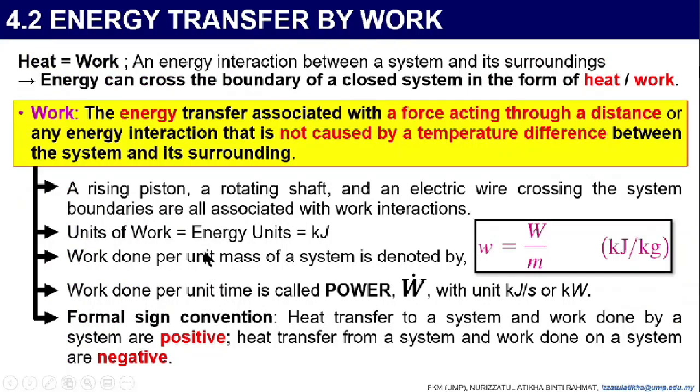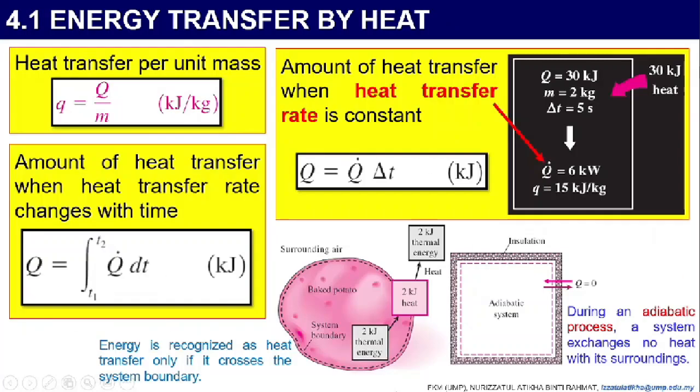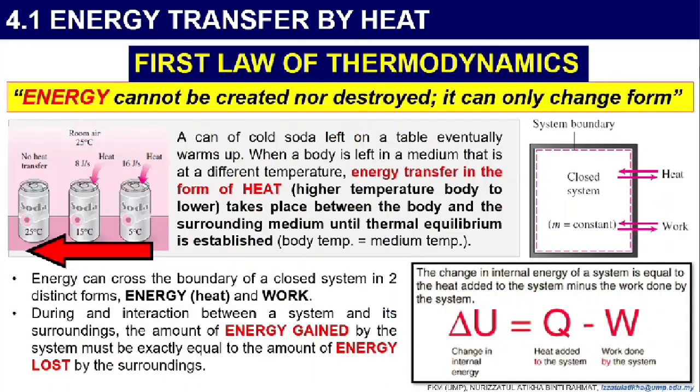Okay, so now let's see heat transfer by work. Last time we already explained that energy can cross the boundary of a closed system in two distinct forms, heat and work. Just now I explained the energy crossing the boundary by heat.